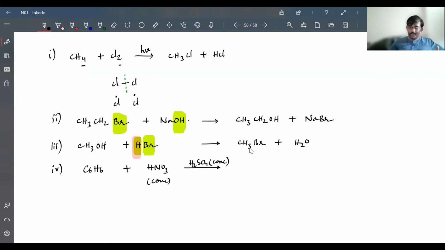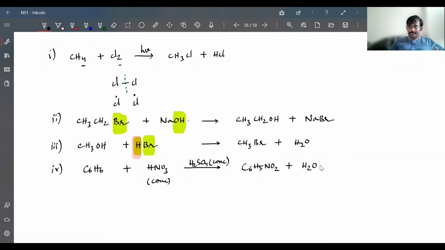When you take this nitration mixture, it will produce NO2 plus ion, the nitro group, and that replaces the H plus ion from benzene. So I'll be getting C6H5NO2, nitrobenzene, plus water.